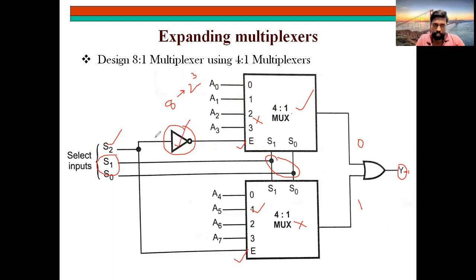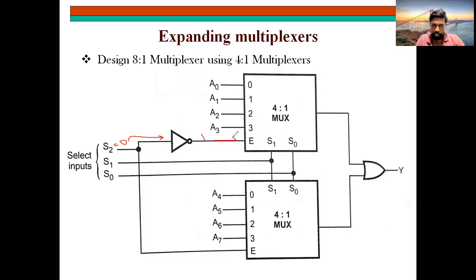Suppose you supply S2 equal to 0. That 0 will pass through this line and this will become off. And the same 0 will pass through this line, and here the inverter is there, so it will become 1 here and this will be on state. So suppose we are taking S2 equal to 0, this 0 will pass through and it will become 1.